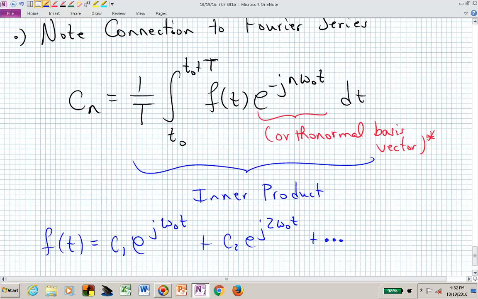And if we have little n equal to 1, then we substitute in the conjugate for that, e to the minus j omega naught t. That's now taking two functions and finding a scalar from those functions. That's an inner product.